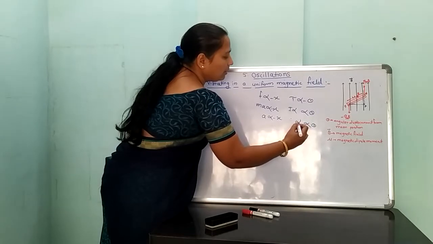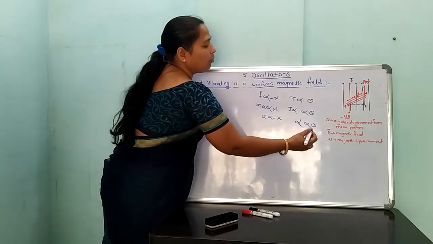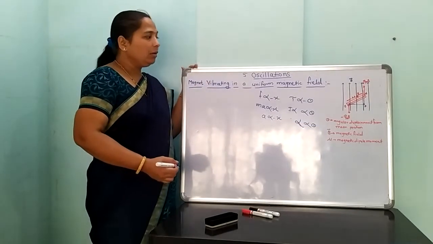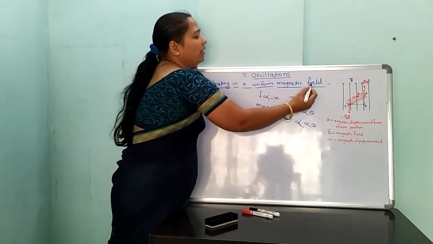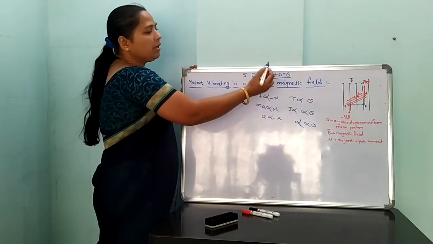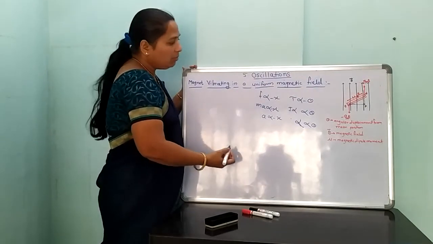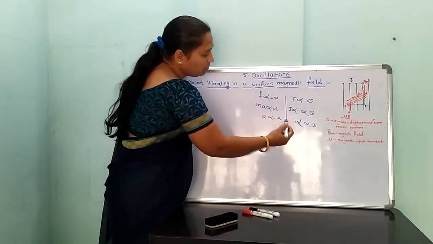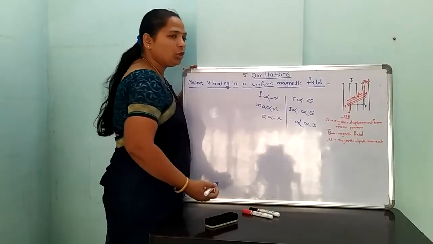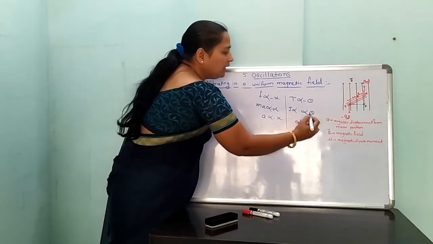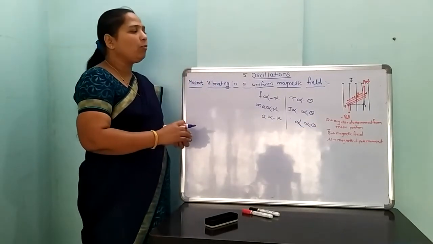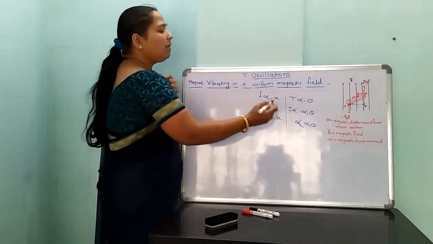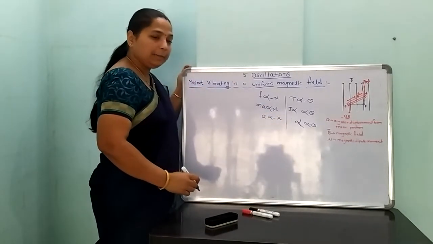Where the magnet vibrates in a uniform magnetic field, that motion is angular SHM. The condition for angular SHM is alpha directly proportional to theta. But since alpha and theta are in opposite directions, alpha is directly proportional to minus theta.